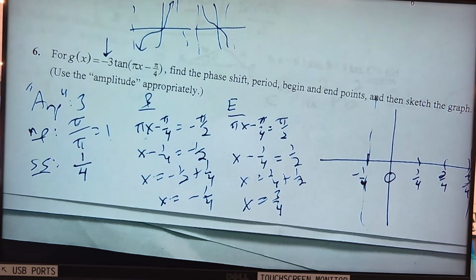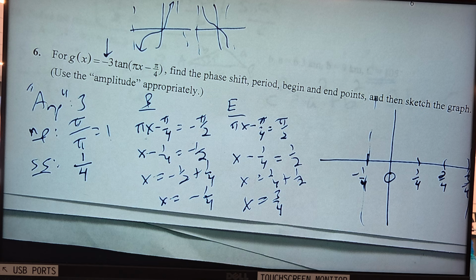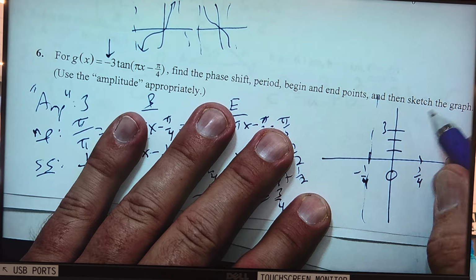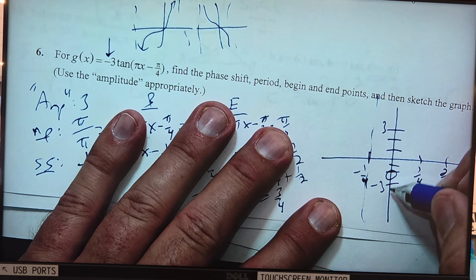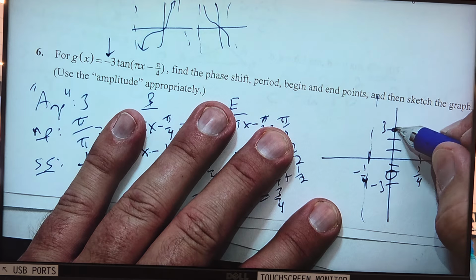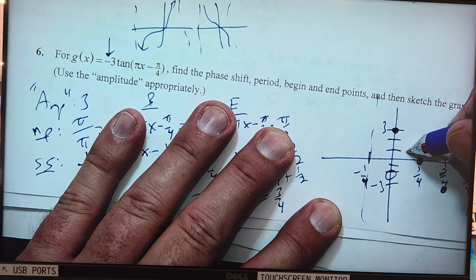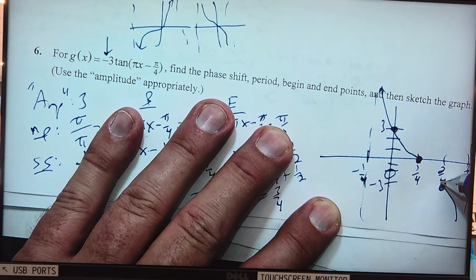Now tangent normally, first step in would be down here. But since we flipped it, first step in is up here. Now I just have to indicate my amplitude. So now it goes like this and like this.